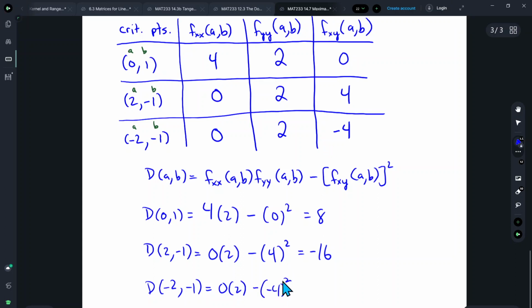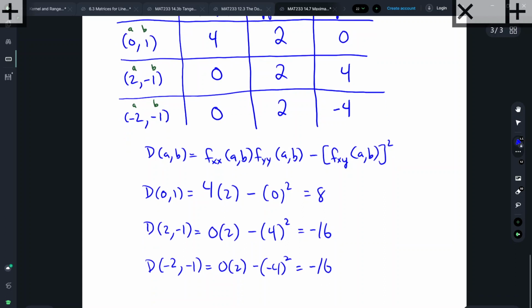This is positive 16, but because of this minus, it's going to be minus 16 again. Okay, so those are each of the discriminants. What's important is whether it's positive or negative. So this one is positive, this one is negative, this one is negative.